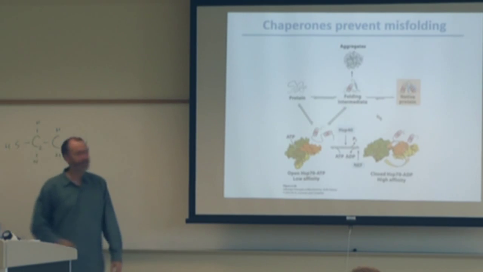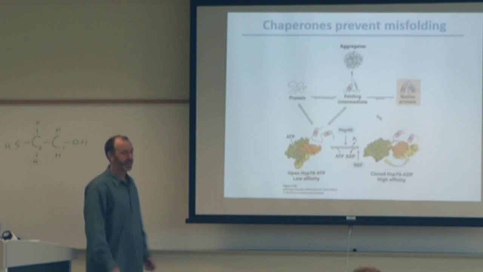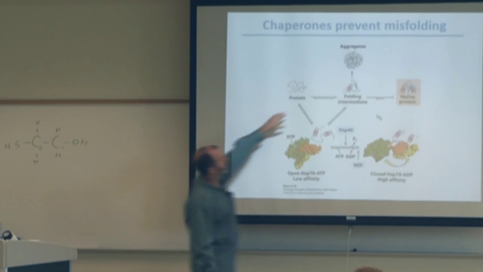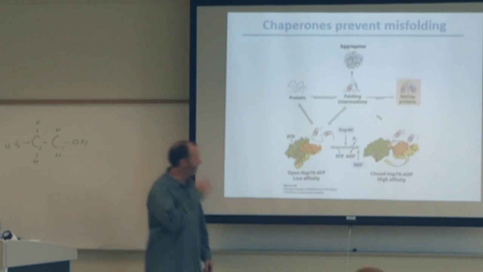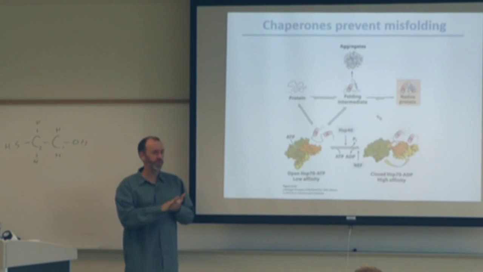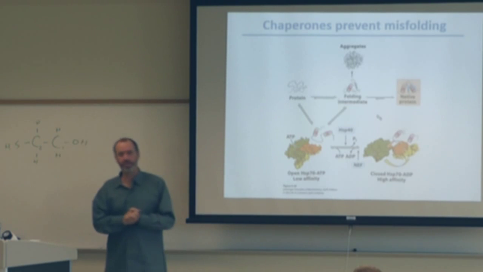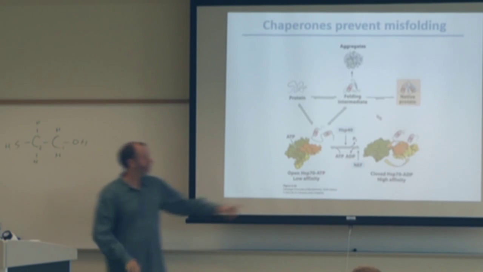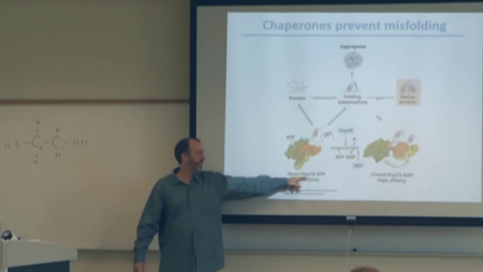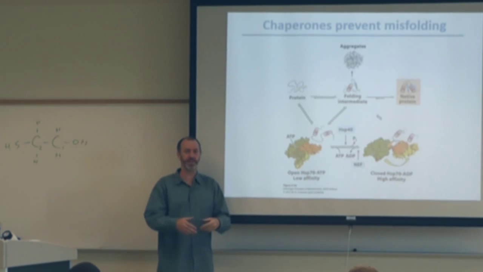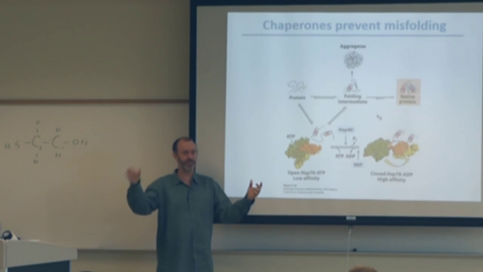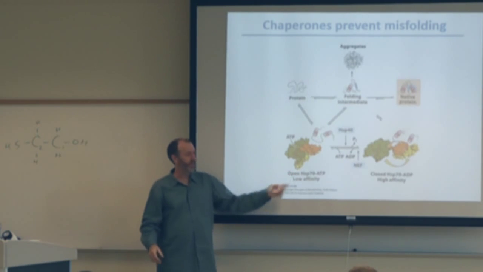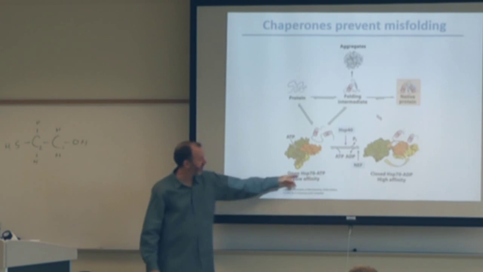They prevent protein misfolding, and they help take a folding intermediate and form a native protein. The first chaperones that were discovered are often called heat shock proteins, HSP, because they were discovered when cells were heat shocked and researchers saw what proteins were being made. A lot of cells upregulate the production of heat shock proteins.